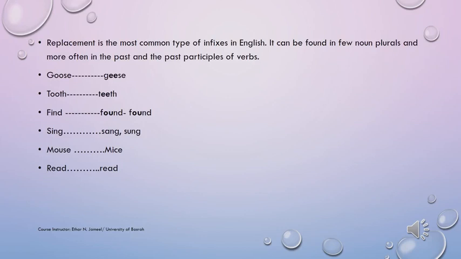When changing mouse from singular into plural, we have mice. Mice consist of two morphemes, the singular morpheme, mouse, and the plural morpheme, which is I, an infix that is inserted within the word.